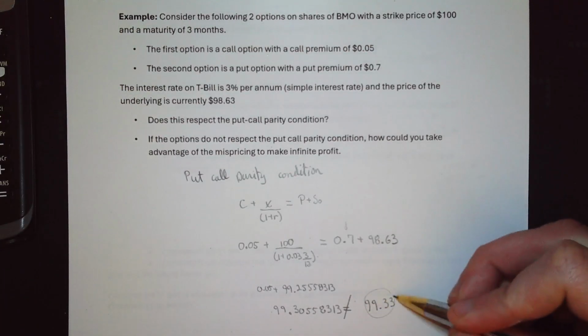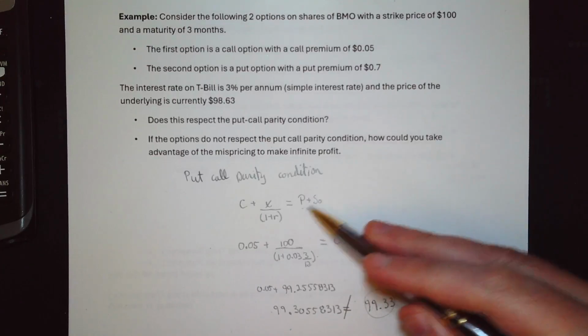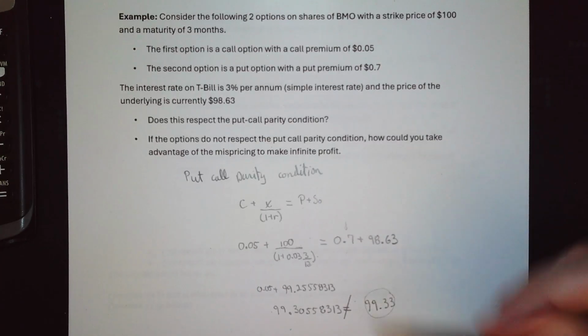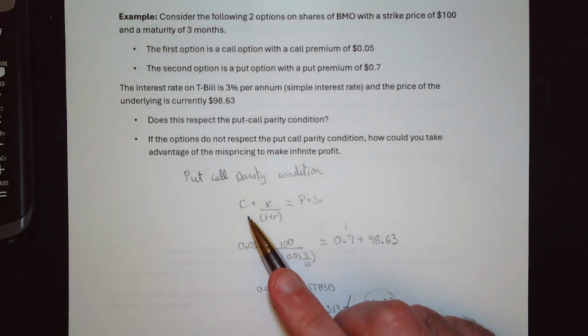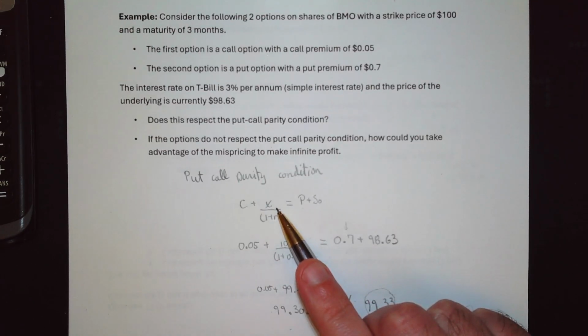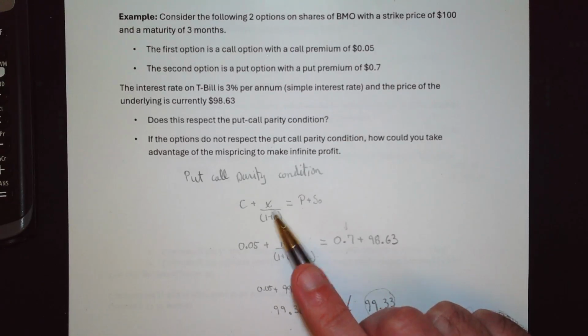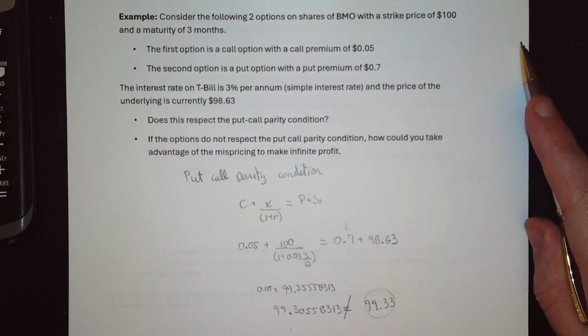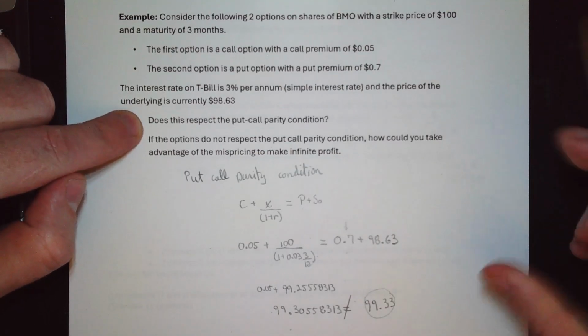The right-hand side strategy, buy the put and the underlying, costs more than the left-hand side strategy, buy the call and invest enough money in the risk-free asset to get the strike price at maturity. So the condition is not respected.